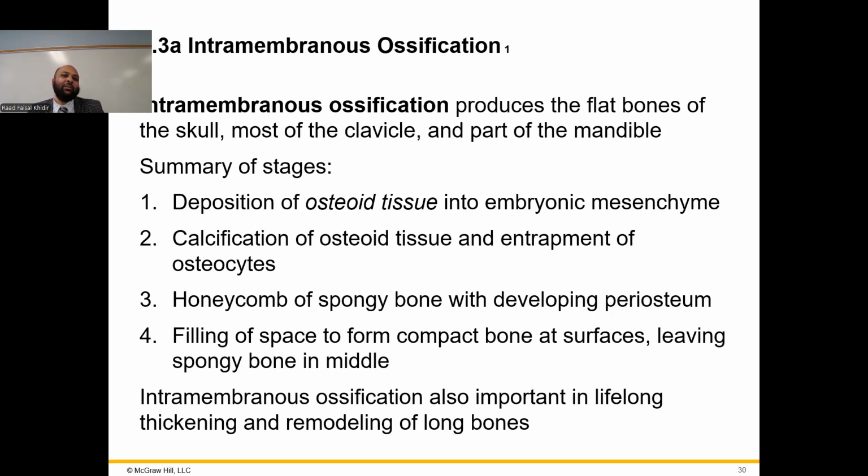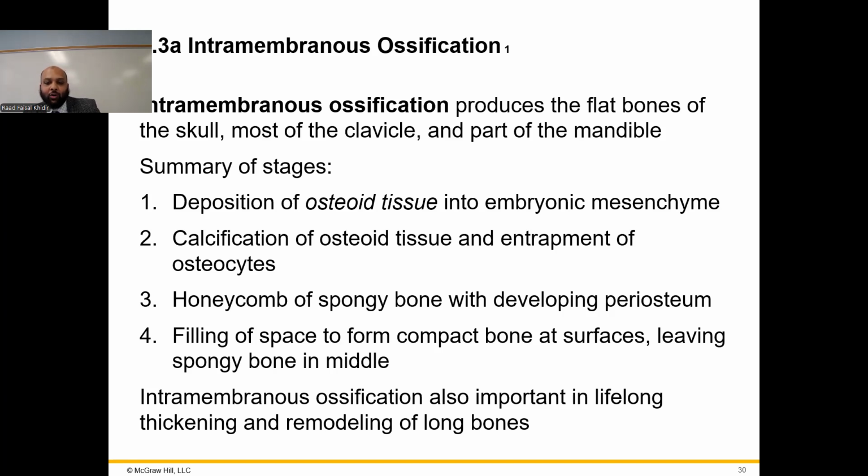Fluid? Mesenchyme, yeah. So the first step in intramembranous ossification is the deposition of osteoid tissue into embryonic mesenchyme. The second step is the calcification of this osteoid tissue and entrapment of the osteocytes. Then we entrap the osteocytes and retire them in that osteoid tissue.